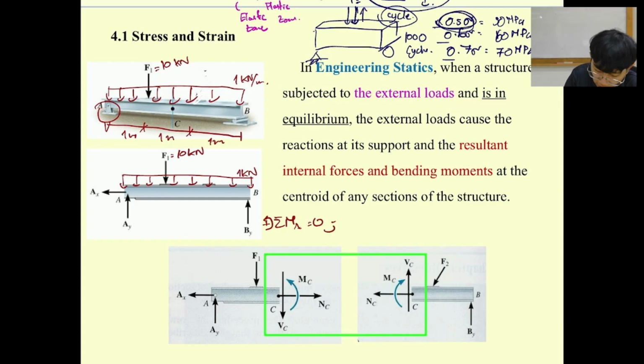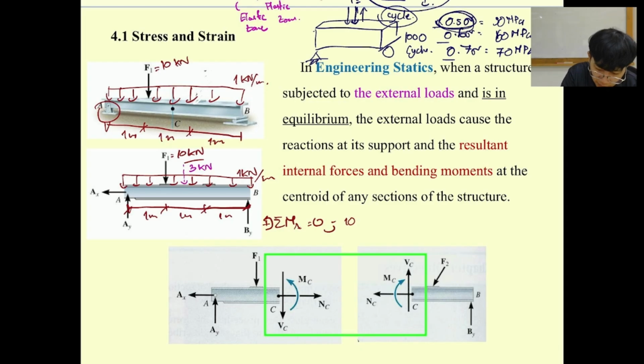So what we get is 10 multiplied with 1 meter, 1 meter, 1 meter, and then we multiply this by 3 meters, and then we're going to get 3 kilonewton at the middle.